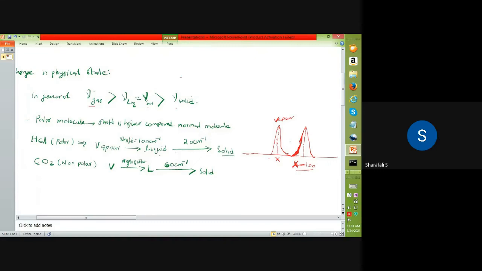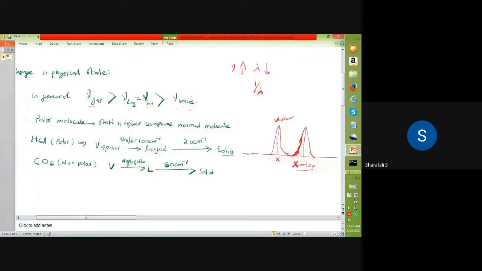Yes. And also remember that when we are talking about frequency, if the frequency is larger, lambda is smaller. We are talking about frequency in terms of wave number, and wave number is nothing but 1 by lambda.